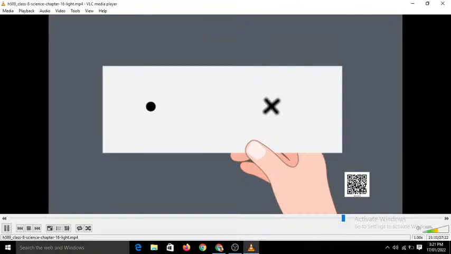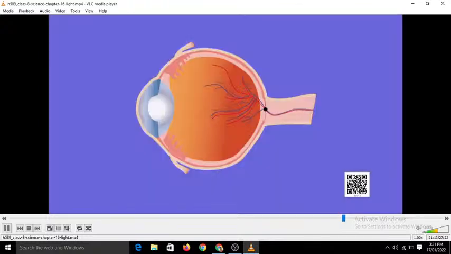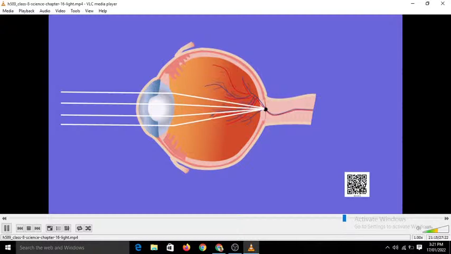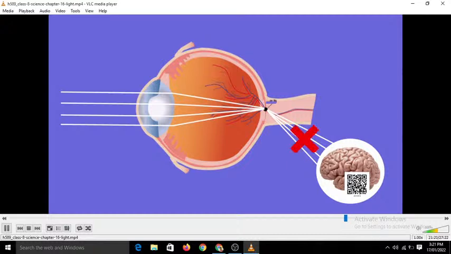Children, the disappearance of cross or the round mark shows that there is a point on the retina which cannot send messages to brain when light falls on it. This point is present at the junction of the optic nerve and the retina.